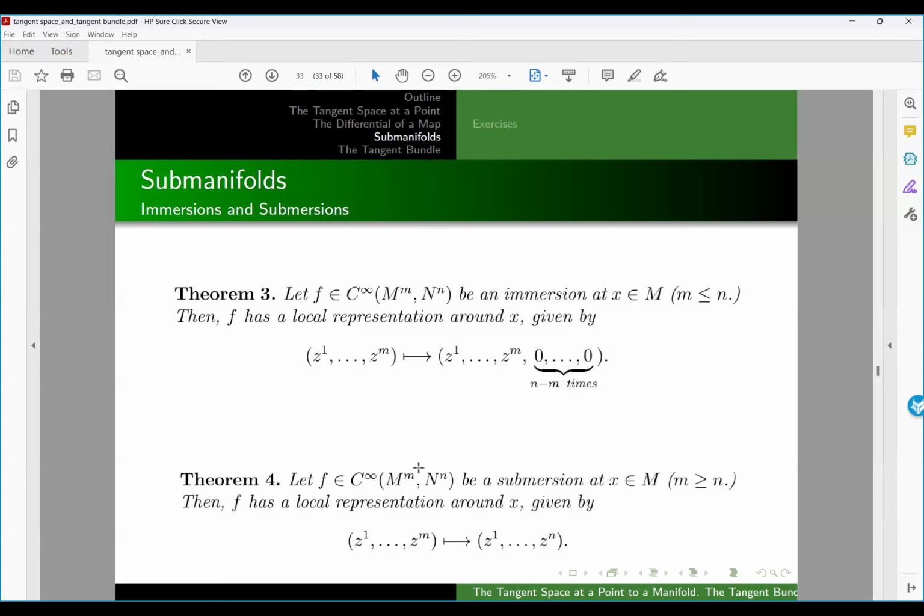You see, m is greater than n, so you simply cut the last coordinates. So again, when you write down the matrix, you will get some identity matrix there. So very simple ways to see the immersions and the submersions, to understand them.